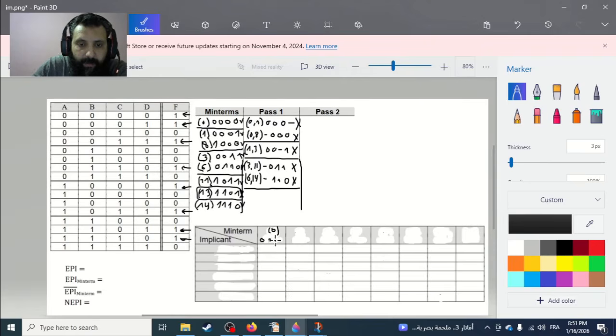We have 0 here, 1, 3, 6, 8, 11, 13, and we have 14.